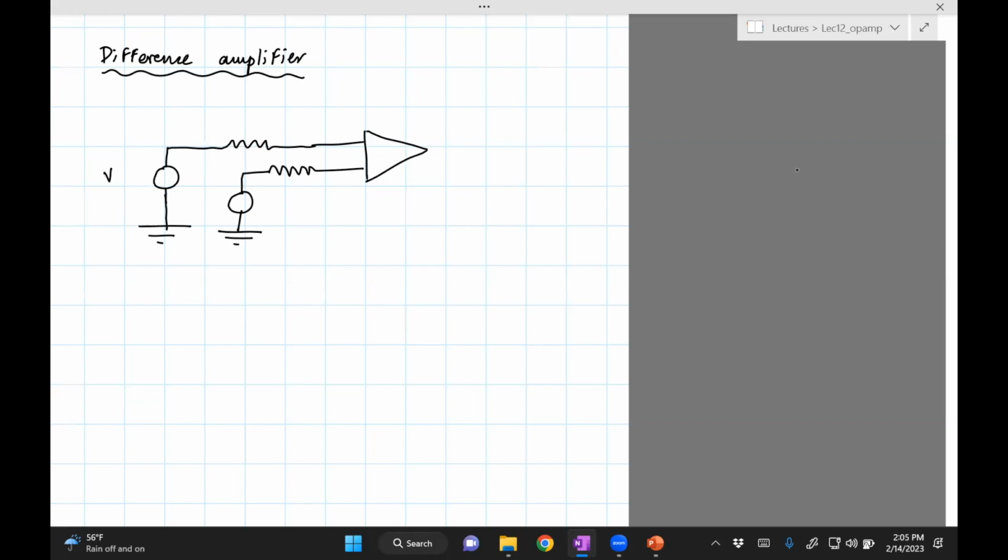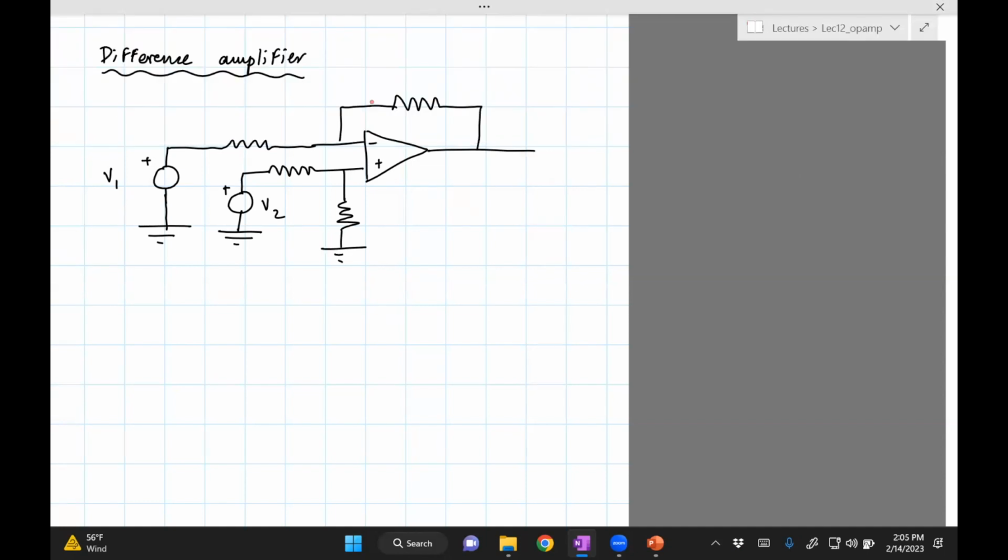So those are the two voltage sources. Okay, so this is our non-inverting input. Non-inverting input will feed back the output to the inverting input. And then we'll connect this end to a ground through a resistor.